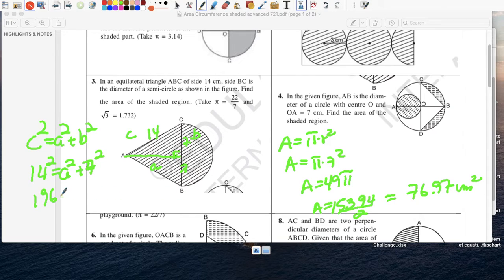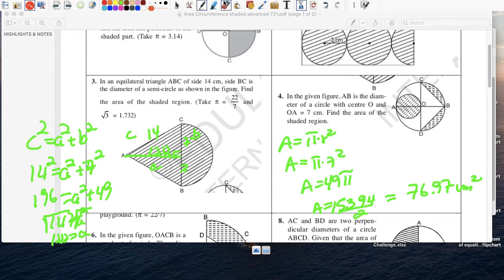Yeah, and then a squared plus 49, we're going to subtract. We're going to get 147 equals a squared. And remember, we have to take the square root of both sides. And the square root of 147 is approximately 12.12. So the height of this triangle is 12.12.